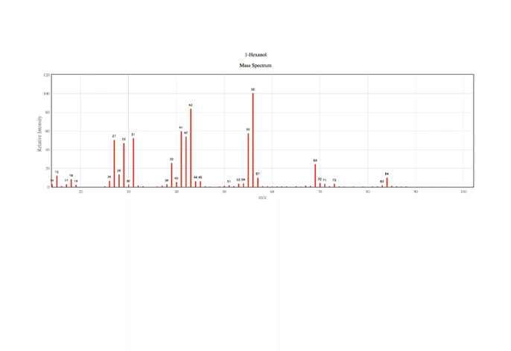All right, so alcohols. 1-hexanol, which has C6H14O, should have a molecular ion at 116.